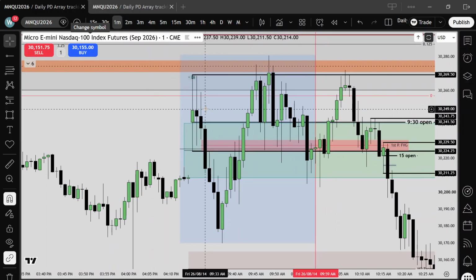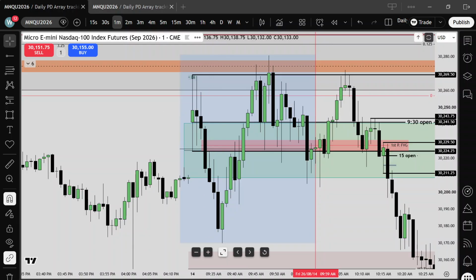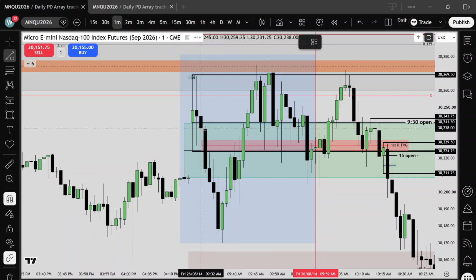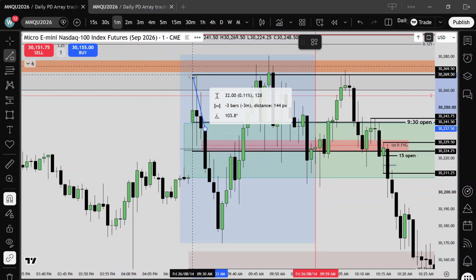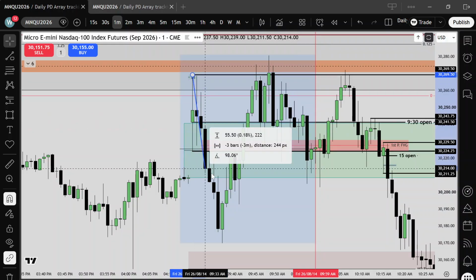The amount of times that happens in the first 3, 4, 5, 6 candles, where if you just put one on and go, I'm going to enter here, my stop's going to go above the high, and we're going to let it rip.